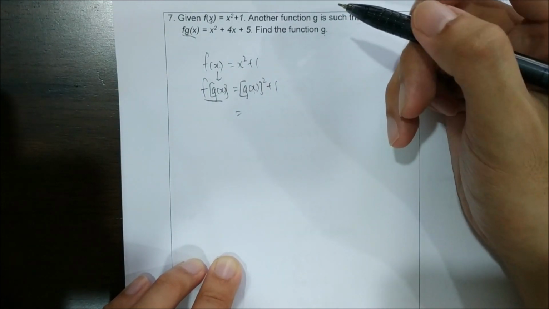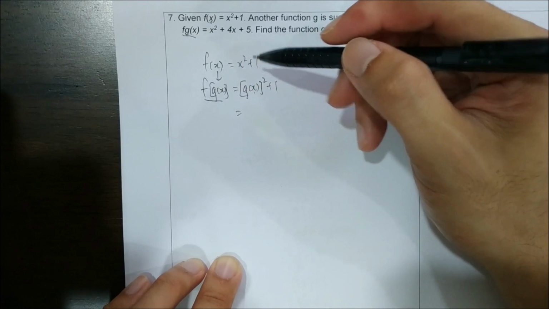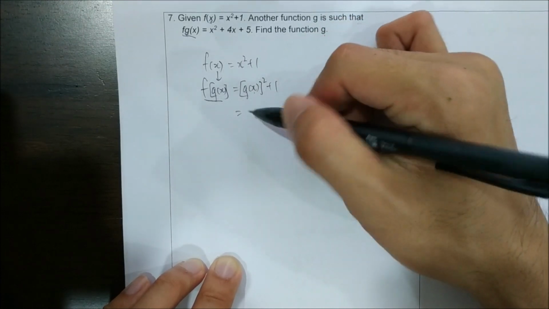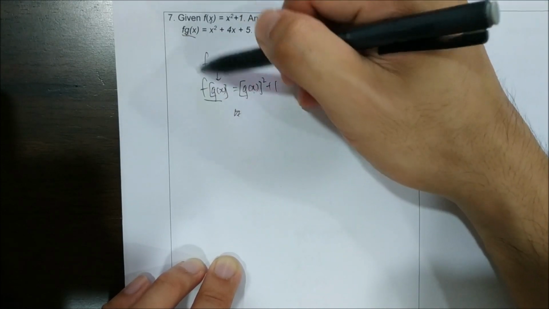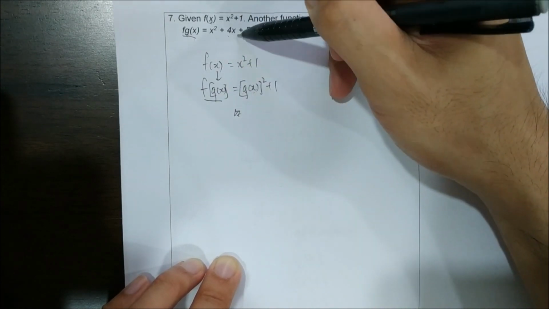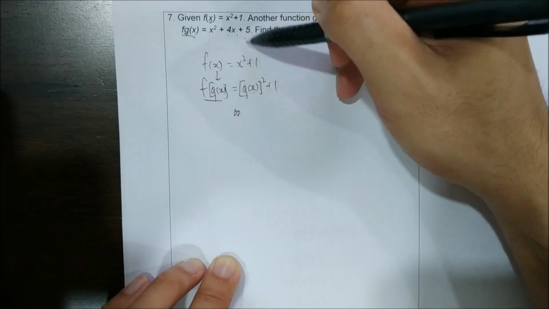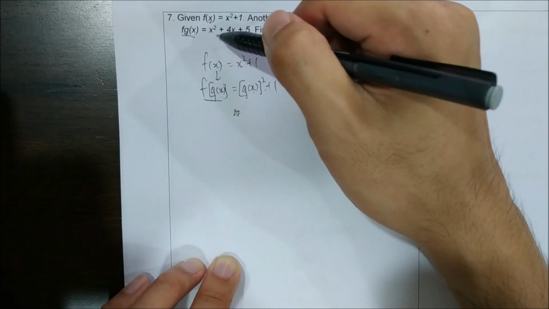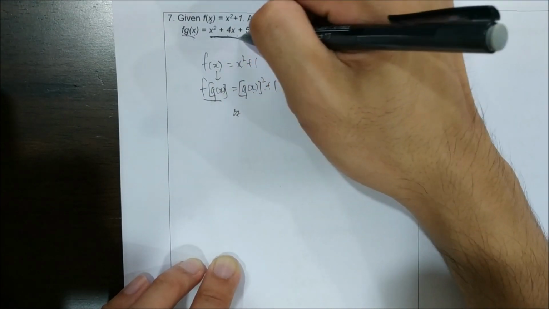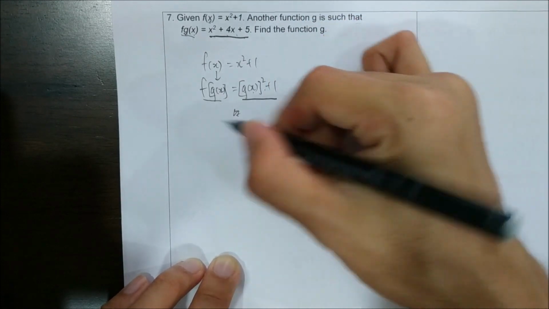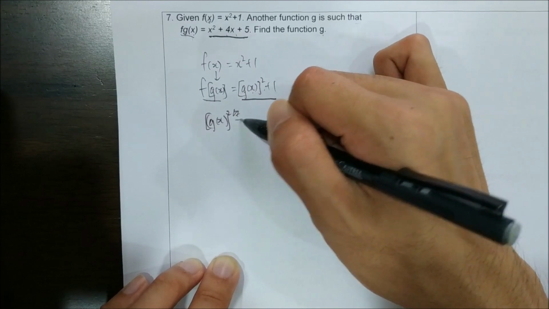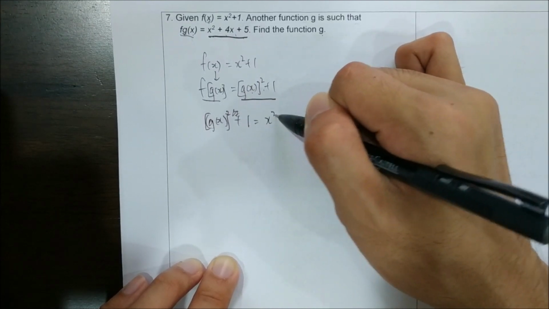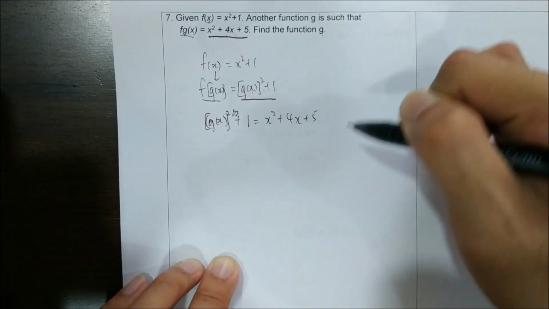So now we have g(x) squared + 1. So we do comparison. We compare this to this. You'll find that this is equals to this. So g(x) squared + 1 equals to x squared + 4x + 5.